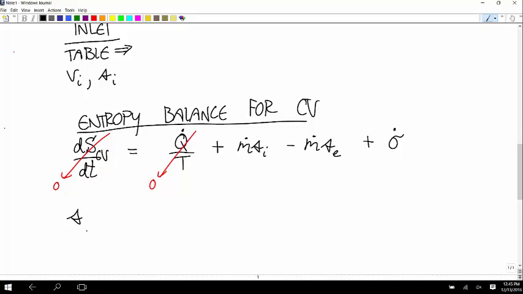So instead of just giving entropy values, it's going to give the S zeros. So let's see, what do we know? So how do we calculate that?